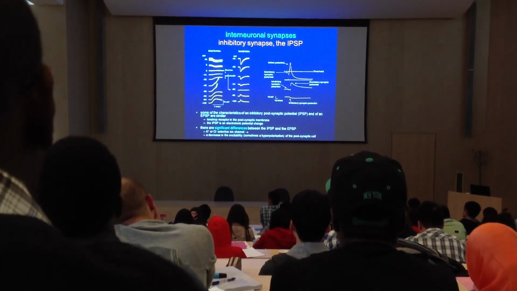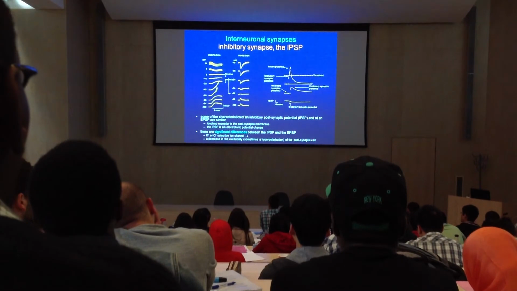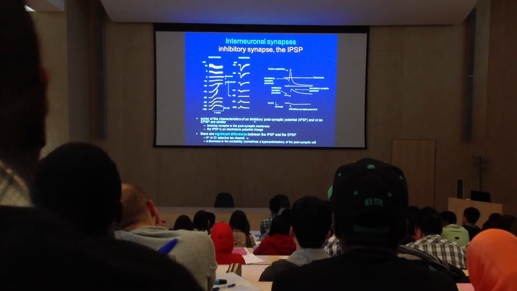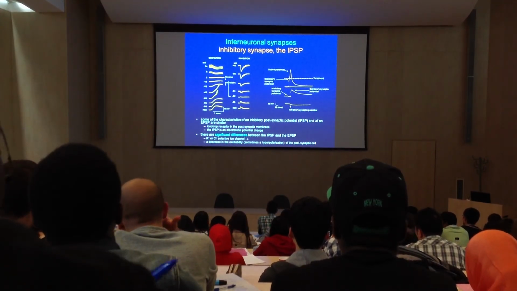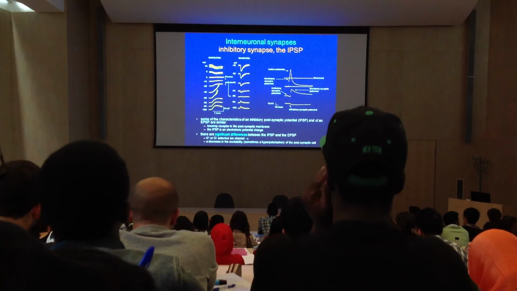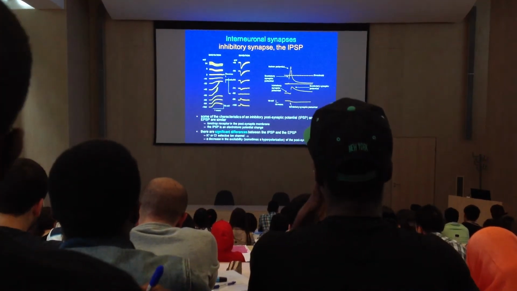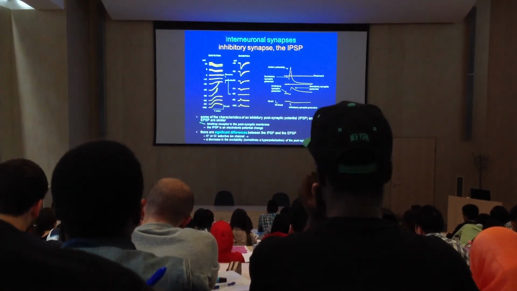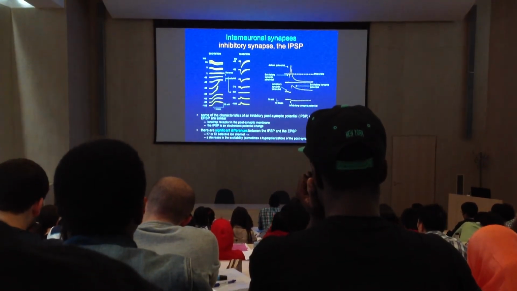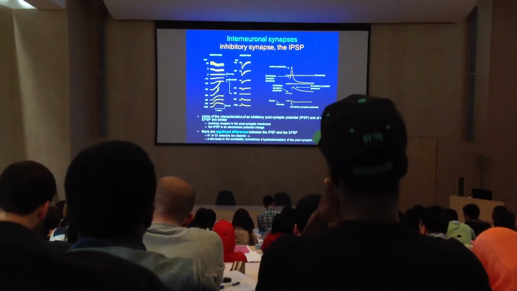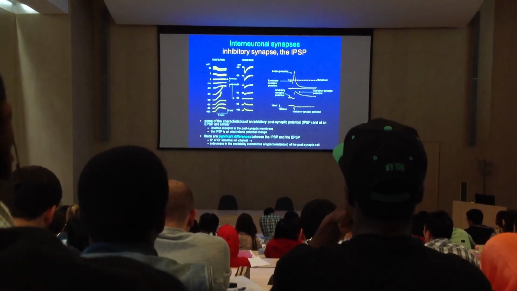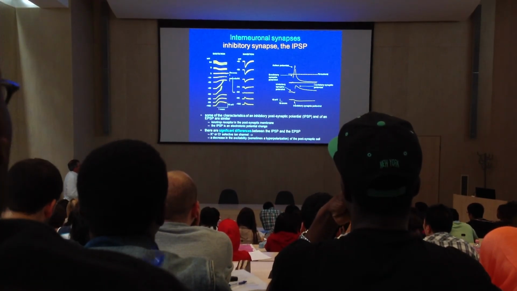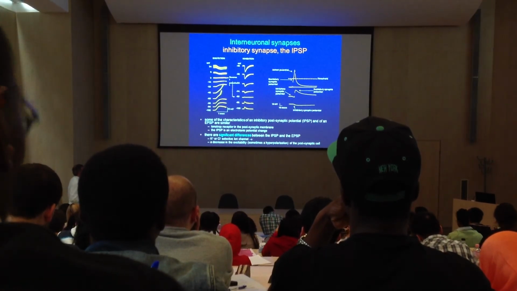But if there are excitatory synapses, there must be inhibitory synapses. And I will spend 2 or 3 sentences more to describe the inhibitory synapse. Some of the characteristics of the inhibitory postsynaptic potential, IPSP from now on, are the same as an excitatory postsynaptic potential. That is, there is an ionotropic receptor on the postsynaptic membrane, receptor for the neurotransmitter, IPSP is an electrophysiological potential change, and so on. However, there are some significant differences between an IPSP and an EPSP.